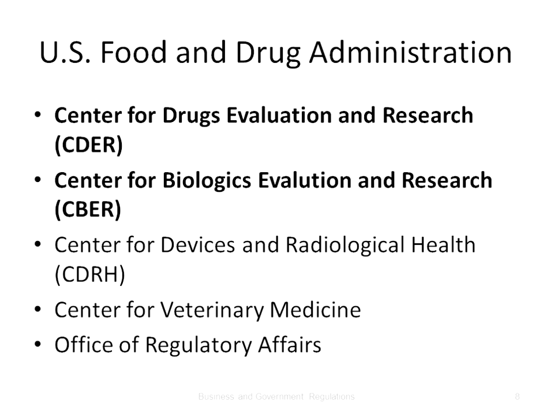So a little bit more about the US FDA. US FDA is divided into different parts. First, there is the CDER, Center for Drug Evaluation and Research, and then there is the CBER, the Center for Biologics Evaluation and Research, and then there is the Center for Devices and Radiological Health, CDRH, Veterinary Medicine, and the Office of Regulatory Affairs.